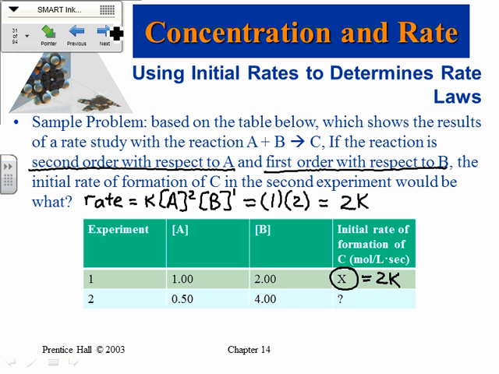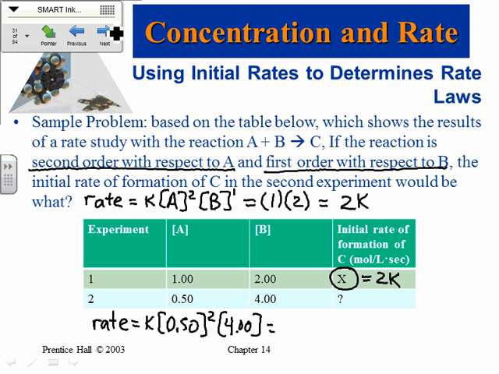So if X is equal to 2K in this first one, then when we change the concentrations in the second experiment, our rate is equal to K times 0.50 squared times 4 to the first power.